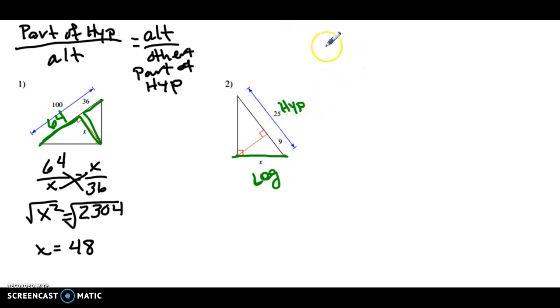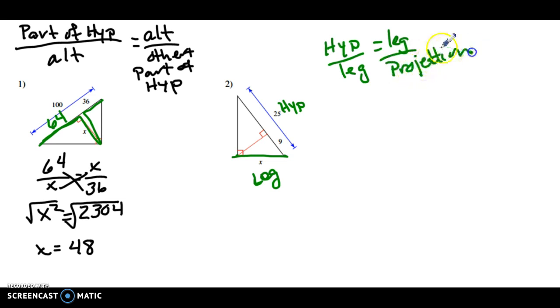The hip-leg rule says hip over leg equals leg over projection. Oops, E-C-T-I-O-N. Sorry, over projection. That's a C. Okay. Hip over leg equals leg over projection.